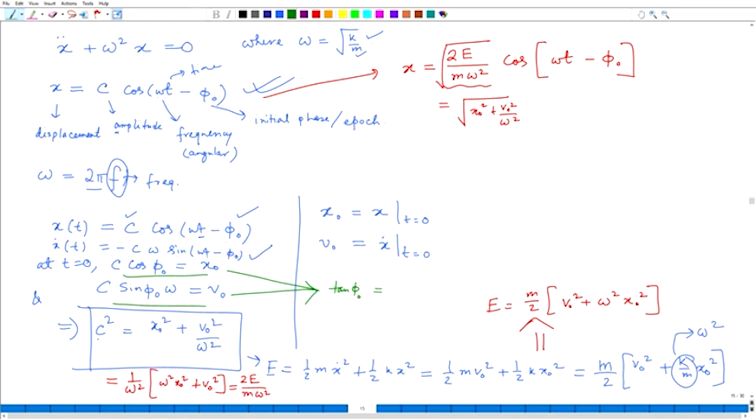It will simply be v 0 by omega x 0. Okay. So, you can simply write phi 0 is equal to tan inverse or arc tangent of v 0 over x 0 omega.